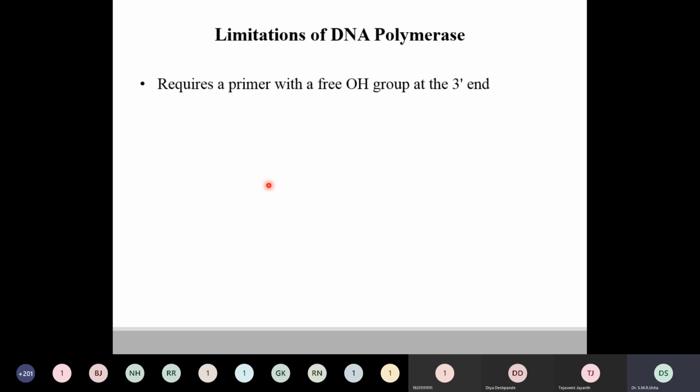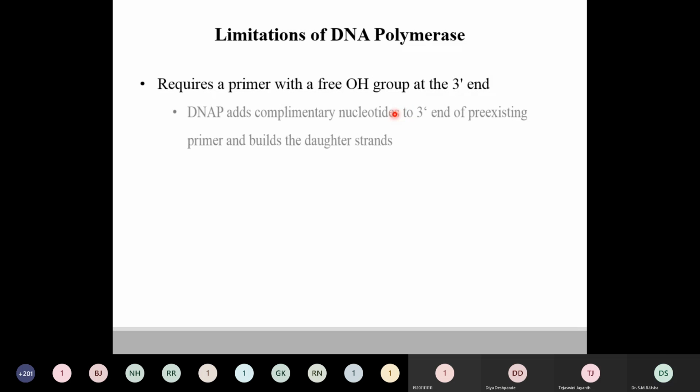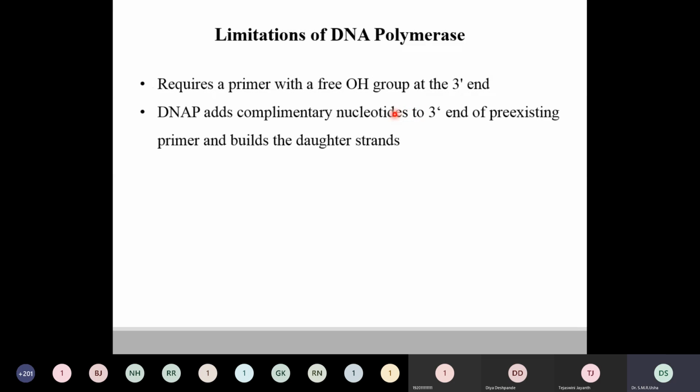The limitation or minus point of DNA polymerase is that it requires a primer. It needs a starter molecule and it needs a free 3-hydroxyl end. Only if this is there, it will attach a nucleotide. Otherwise, it cannot. So because nucleotides are added only at the 3' end, the chain synthesis and elongation has to take place compulsorily in the 5' to 3' direction only.